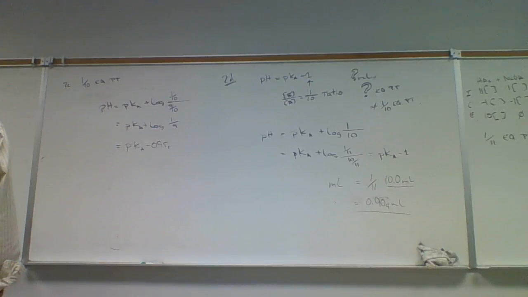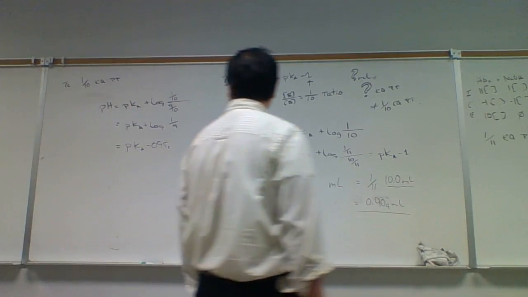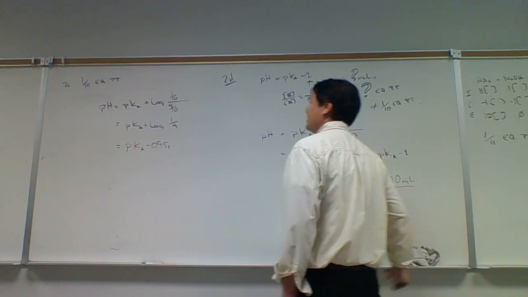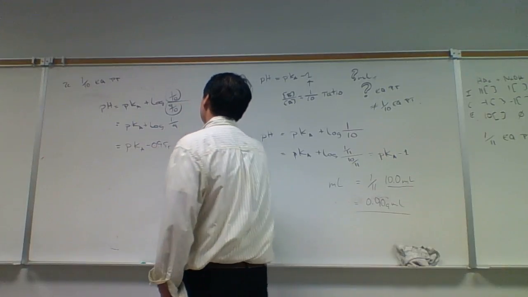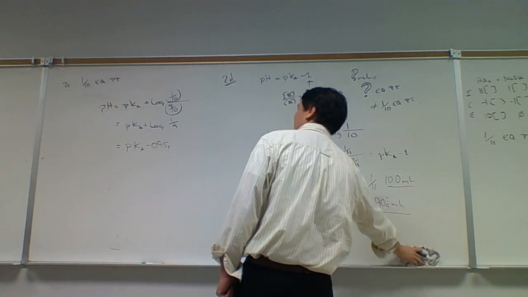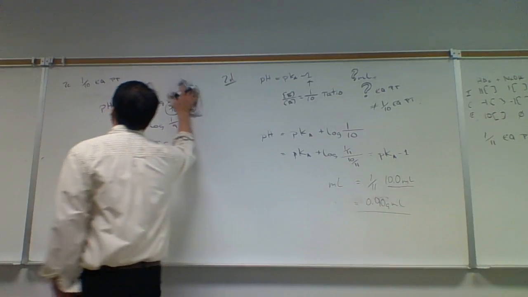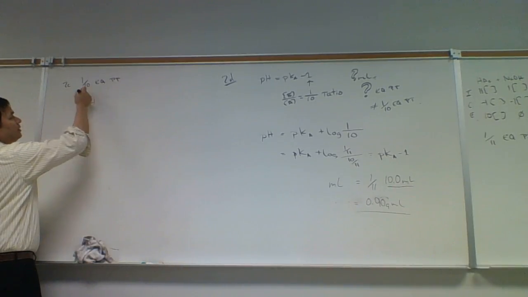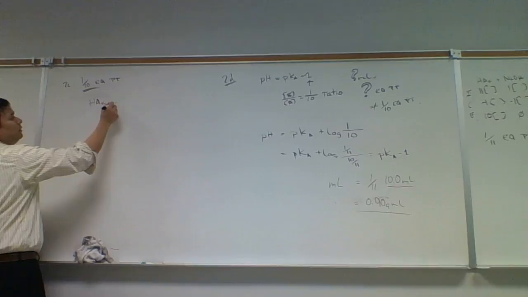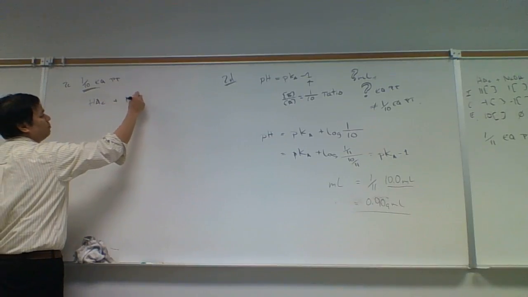And for the top part too, when you did the 1/10 ratio, how is it not equal to 1/10 within the equivalence point? Yeah, the equivalence point. Because at the 1/10 equivalence point, we have 1/10 reacted, 9/10 remaining. So let's do the same thing for that. If I look at the 1/10 equivalence point, I've neutralized 1 part out of 10.